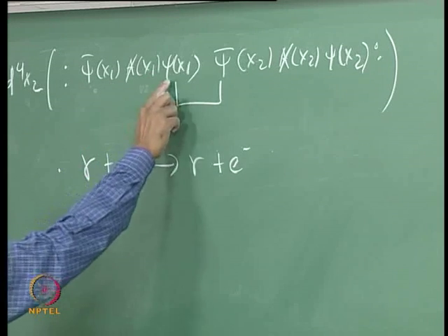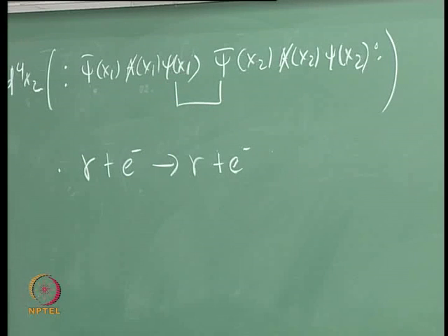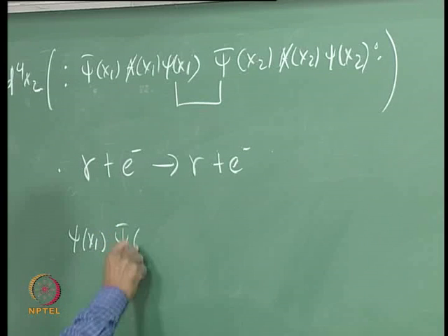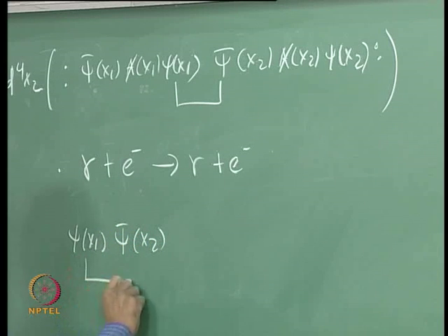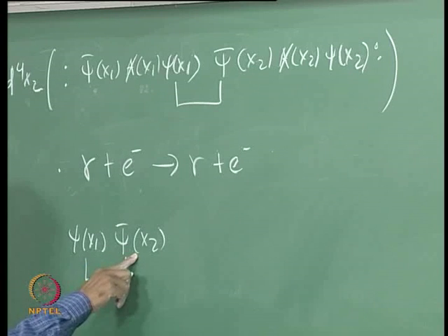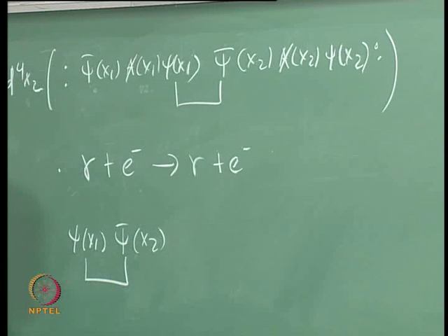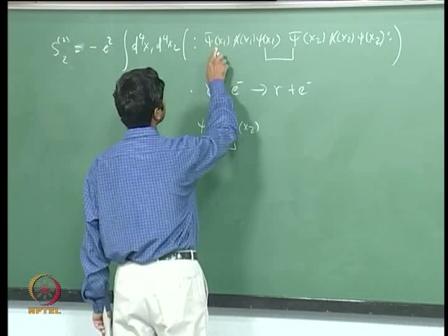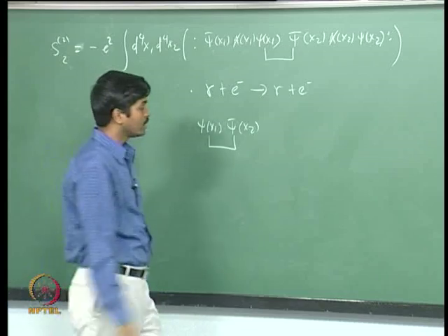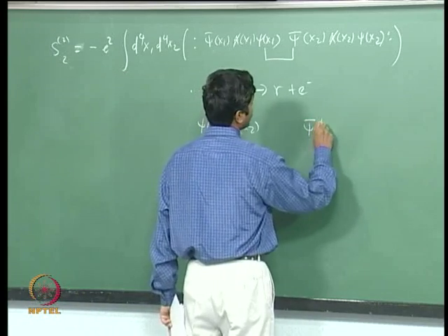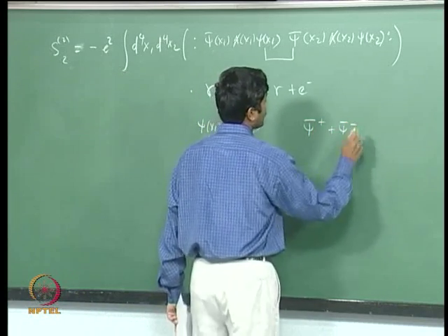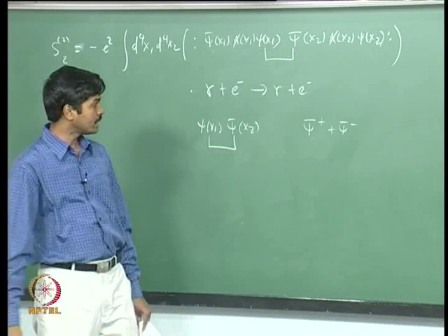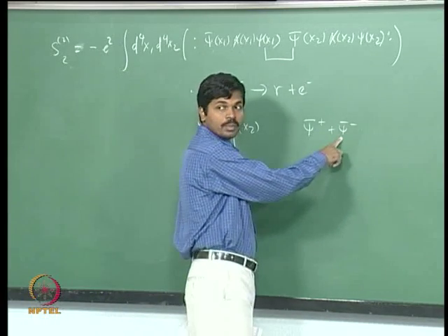First of all, there is a propagator here. This term, psi of x1, psi bar of x2, tells you the propagation of an electron from x1 to x2, whereas here this psi bar x1 can contain psi bar plus and psi bar minus. What is psi bar minus describing?